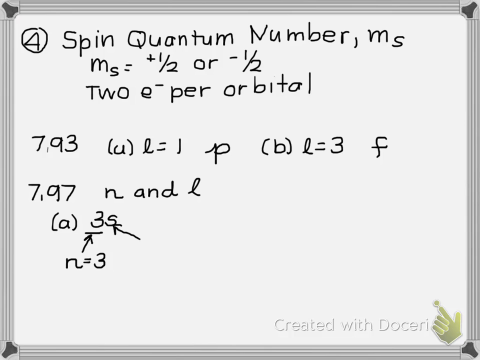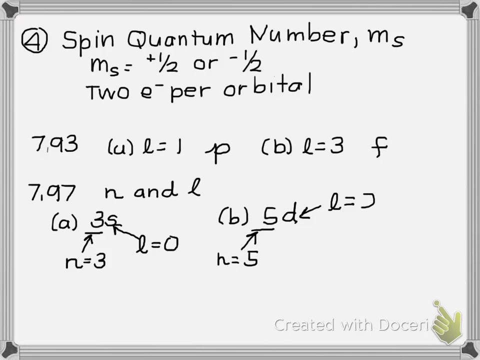S is the sublevel, and this represents our L, and anything with an S has an L equal to 0. The second one is 5d. So this number here is the value for N, and N equals 5 would be farther away from the nucleus than an N equals 3. The letter D represents the value for L, and L equals 2 when you have the letter D.